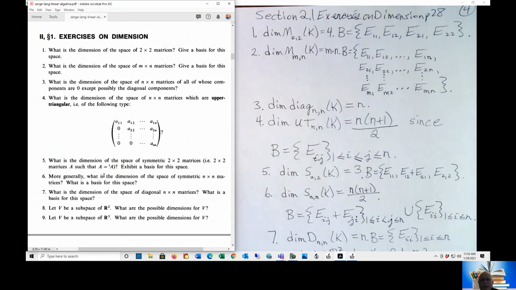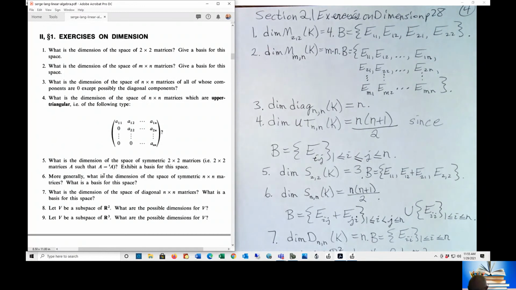And then more generally, number 2, what is the dimension of the space of m by n matrices? Well, you simply multiply m times n. Just like for the 2 by 2s, 2 times 2 is 4. So, for example, the 3 by 4 matrices would have dimension 12, 3 times 4.